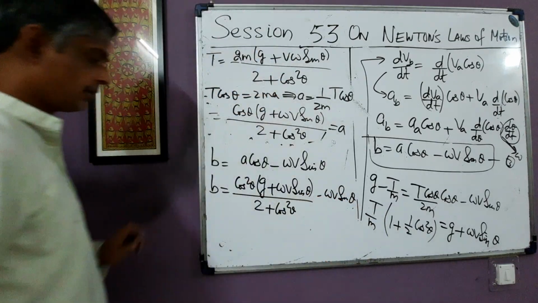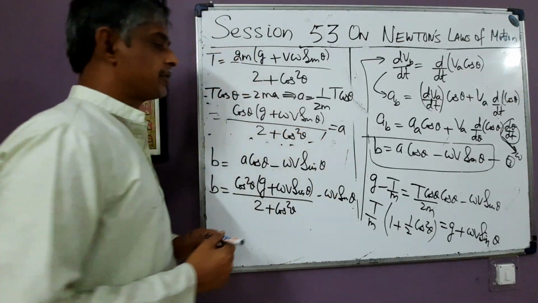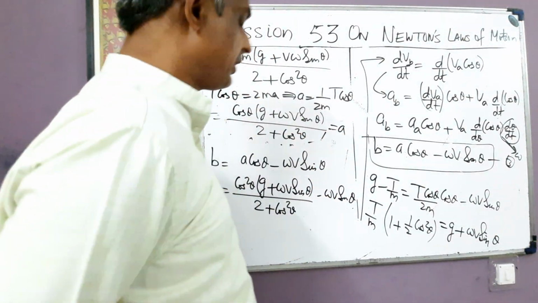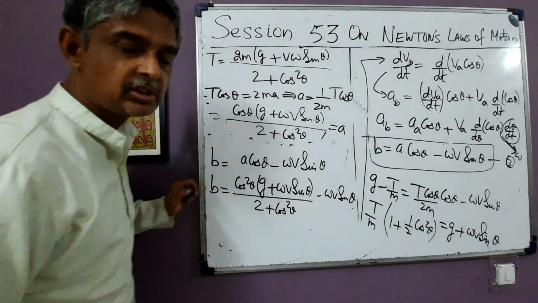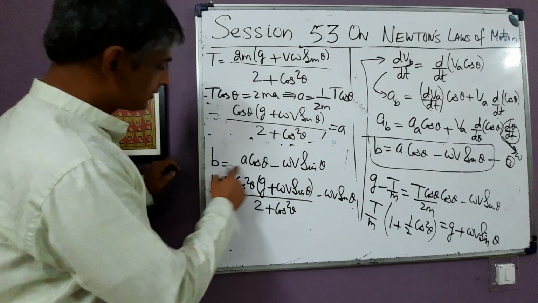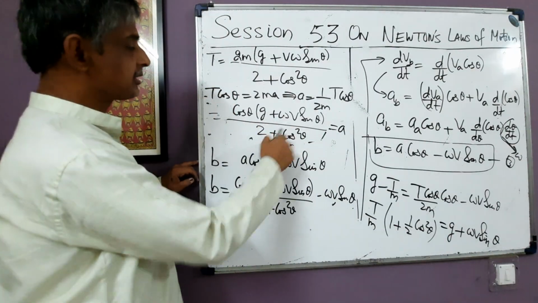As you see, this is the expression for B and this is the expression for A. But we have been also asked to find the value of A and B at initial instant. These are the accelerations at arbitrary instant t.